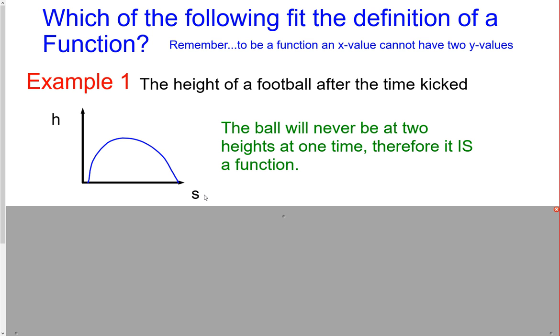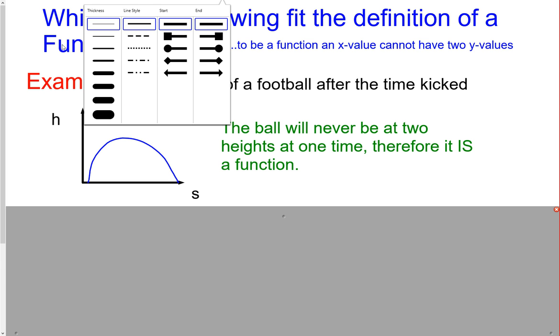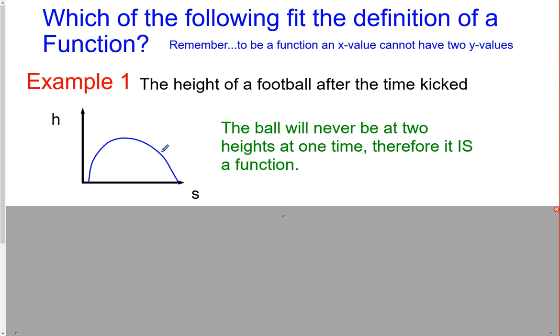It can't be at 2 different heights or 3 different heights or 4 different heights, because that would mean that, like, I don't know, dimensions split apart, and you've got the ball in 4 different places at once. So because a lot of graphs have time on this bottom axis, in this case time in seconds, we can't have the ball in 2 different places.